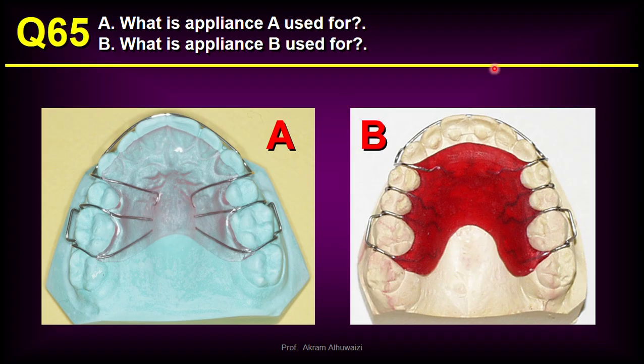Well, B, we would notice there's trimming of the acrylic here, so this appliance is active, in which we're reducing the overjet by retracting the incisors backwards, whereas here you would notice there's no trimming of the acrylic, so there's no active movement. So this is a retainer, a Howley retainer, yet this is an active appliance.